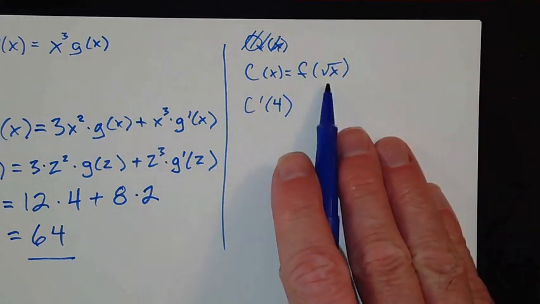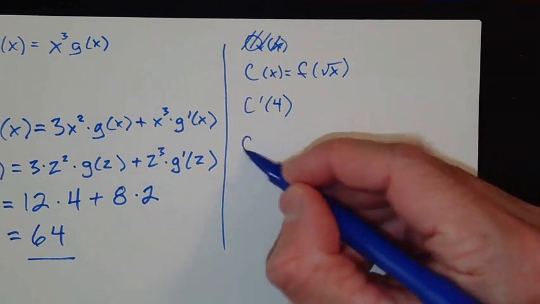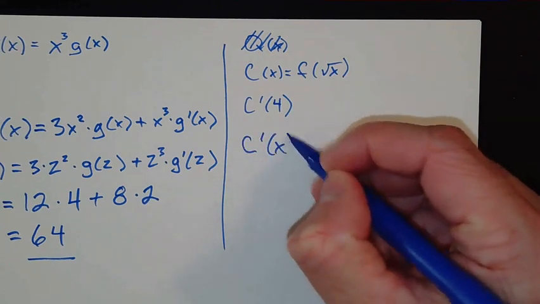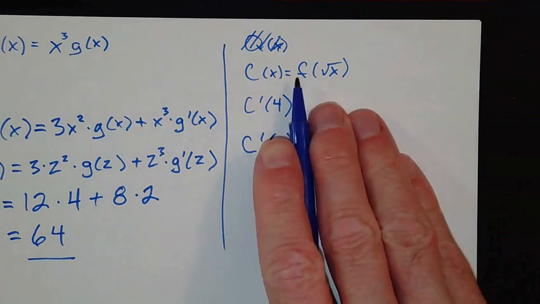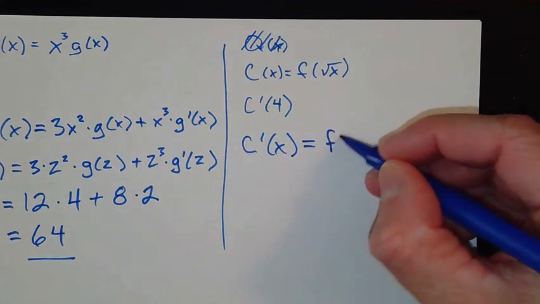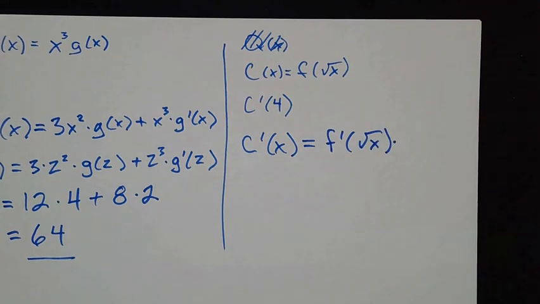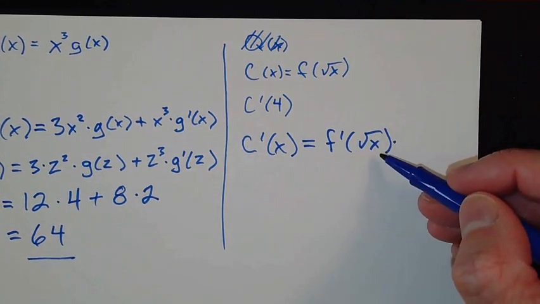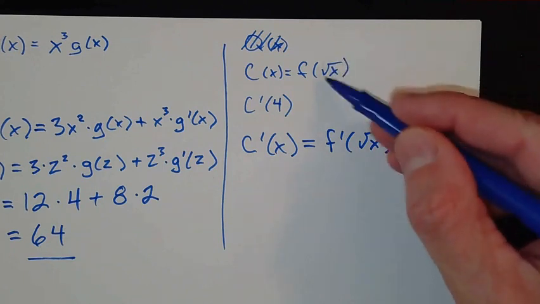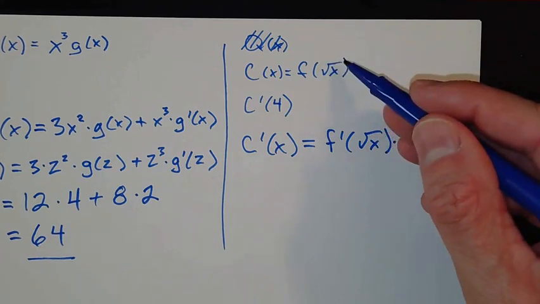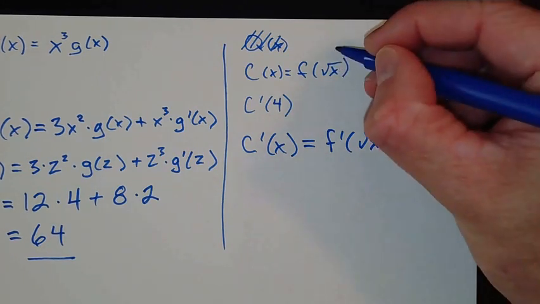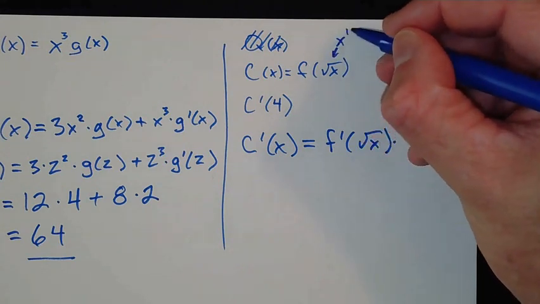C is f of the square root of x. So when I find the derivative of f of something is f prime of something times the derivative of the something. Well, the something, the inside function, in this case is the square root of x. You can think of that as x to the 1/2 power.